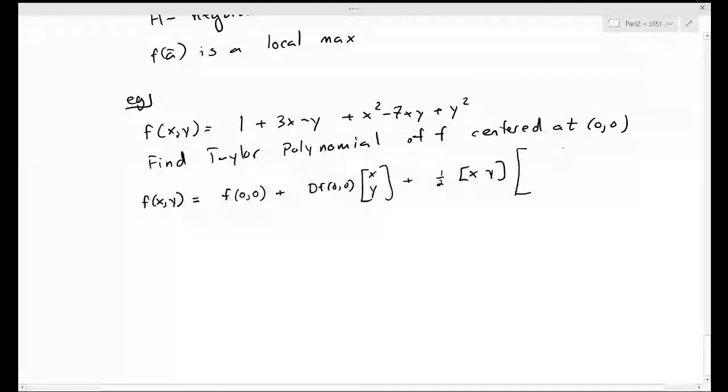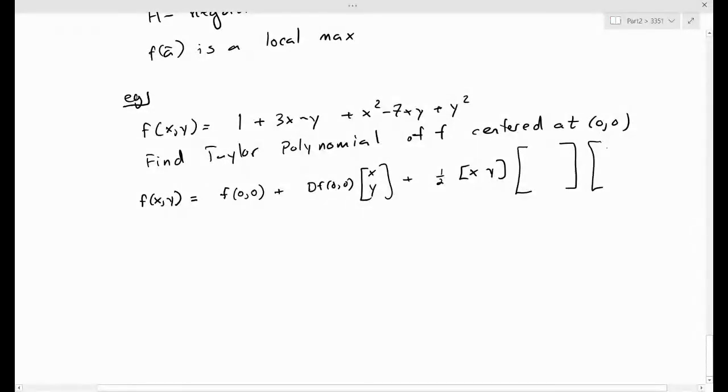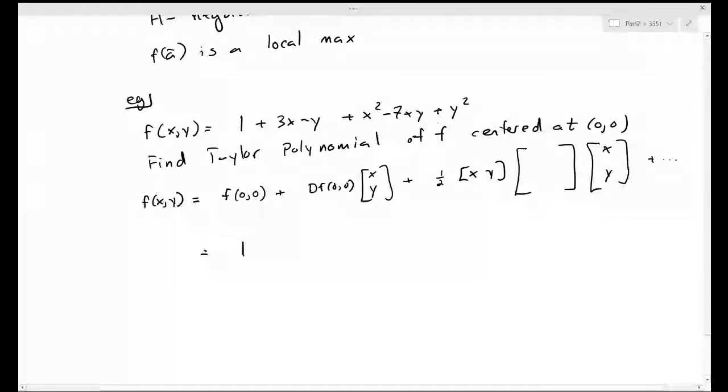we would want, there's the Hessian, so possibly plus some more stuff. So what is the function at 0, 0? Well, it's equal to 1. And what is the derivative of the function at 0, 0?